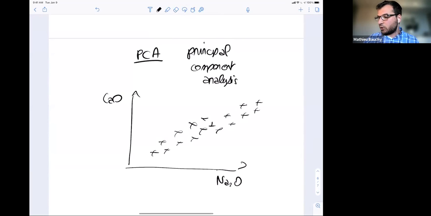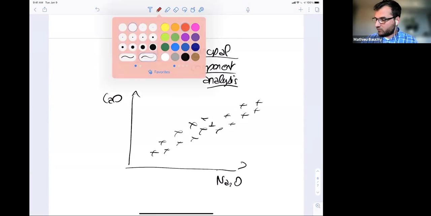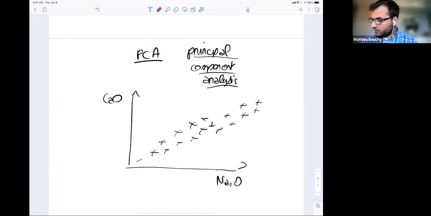What the principal component analysis can do is to find what are the best directions to describe those data. So for example, in this case, what the PCA analysis would do is to tell that there is one direction here that describes the data very well.